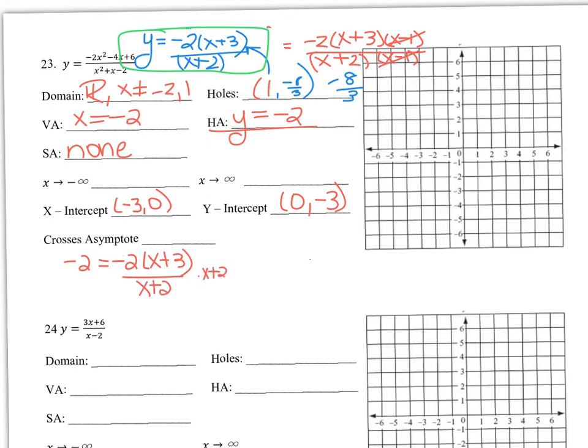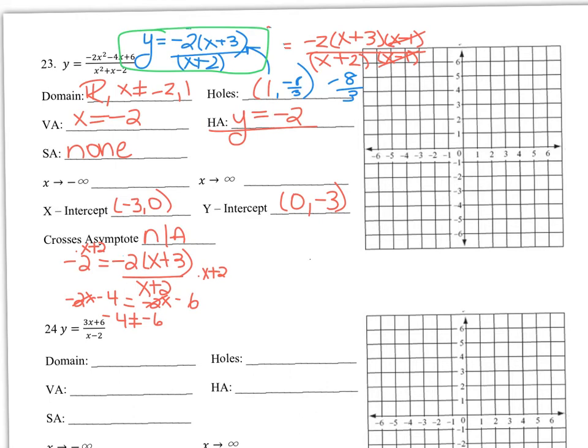Multiply by x plus 2 on both sides. So I'm left with -2x minus 4 equals -2x minus 6. I'm going to add 2x to both sides. So -4 is not equal to -6. So it does not cross the asymptote.